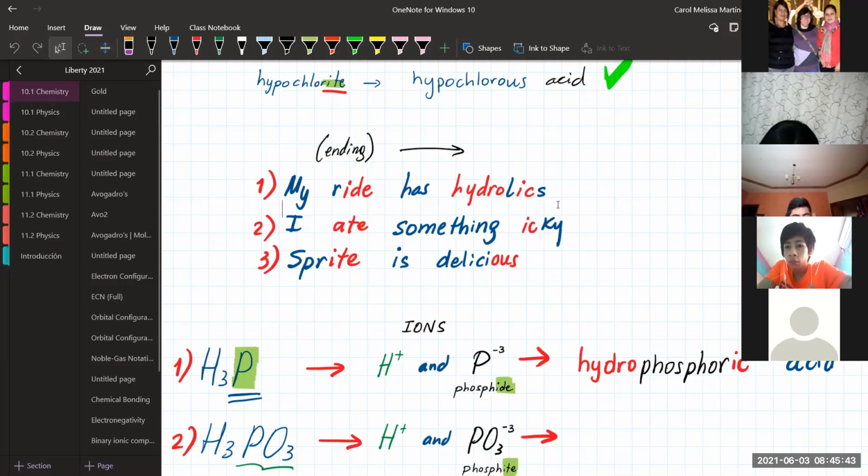You're going to replace ITE by OUS. So the name is going to be the special root phosphor, and then the suffix: instead of ITE, from Sprite is delicious, ous. Phosphorous acid.